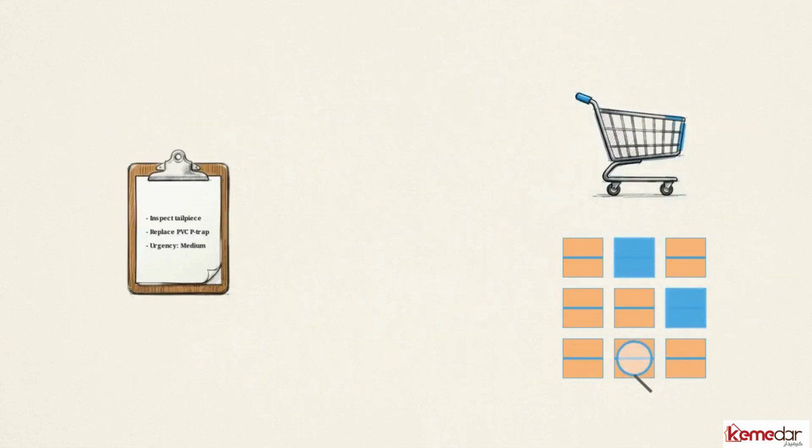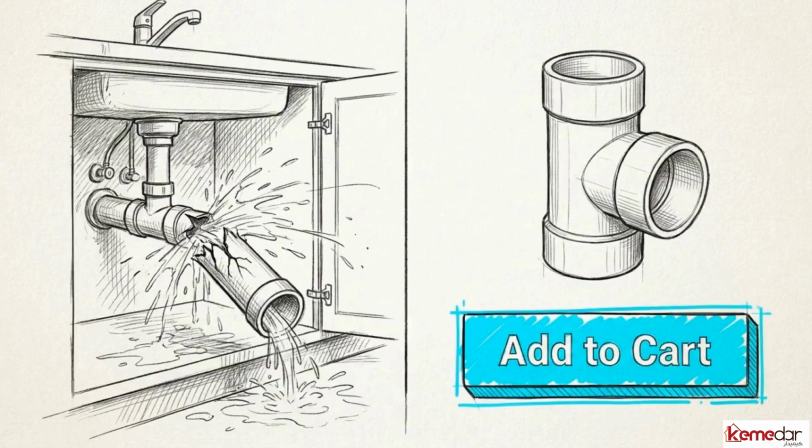Simultaneously, the right half isolates the required materials array, executing a full-text search against the independent e-commerce database. By utilizing the highly specific search keywords generated by the LLM earlier, the system ensures high-accuracy product matching for the exact physical materials needed.